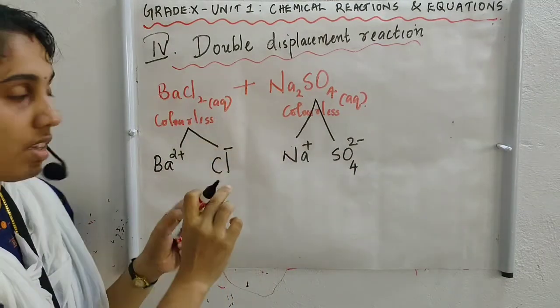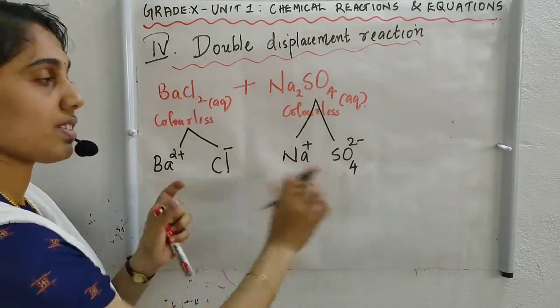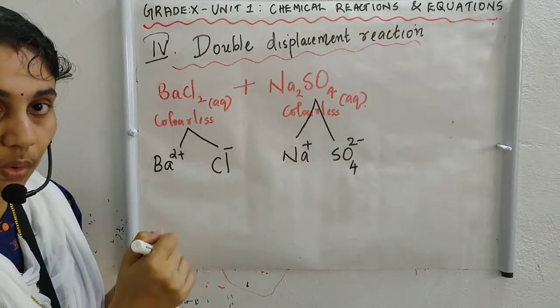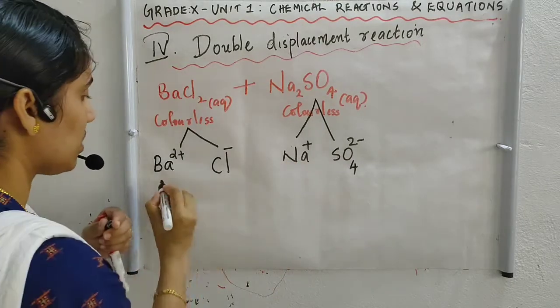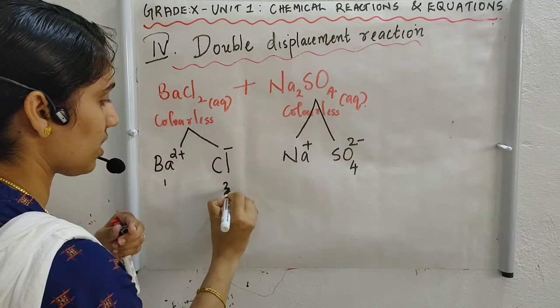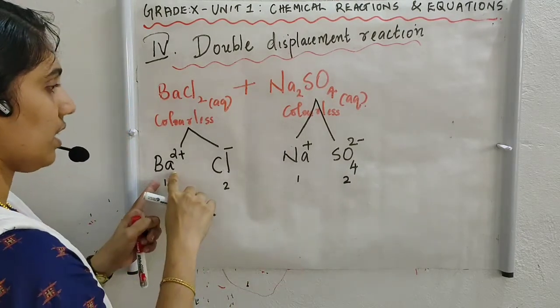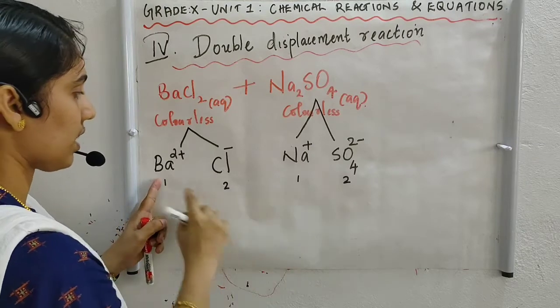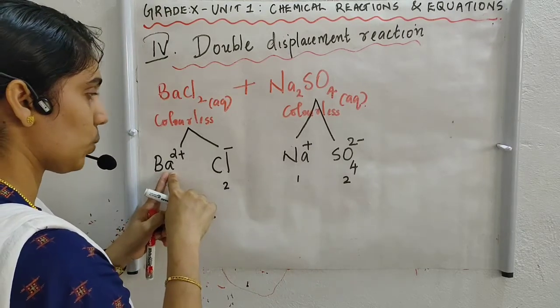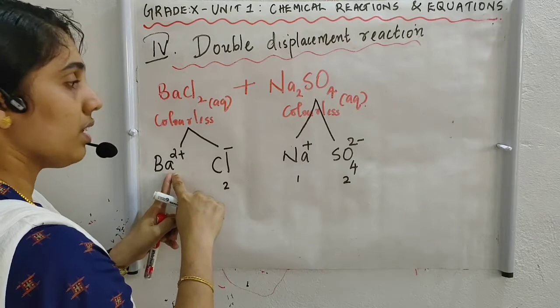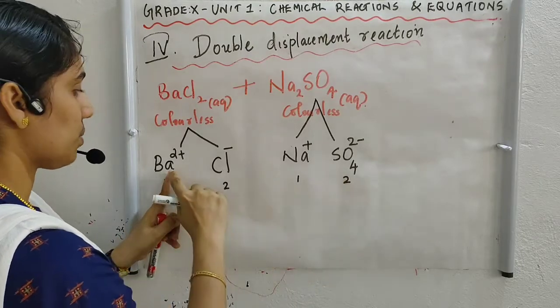So what's the definition? Two ionic compounds exchange their ions to form new products. Here this is the first ion and here the second, and here the first and here the second. The cations exchange their anions, that is, Ba2+ and Na+ exchange partners.